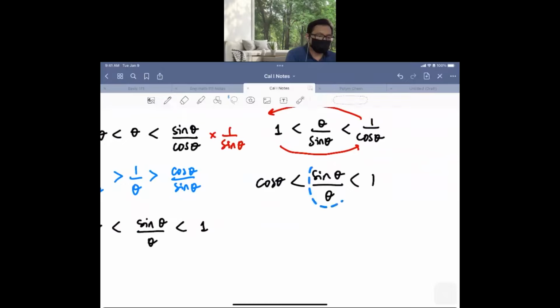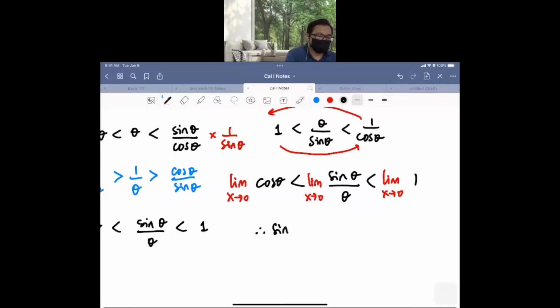we take the limit. And since y is x, sorry, it should be theta.